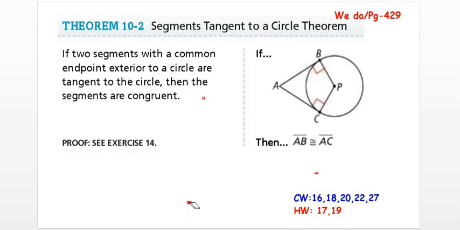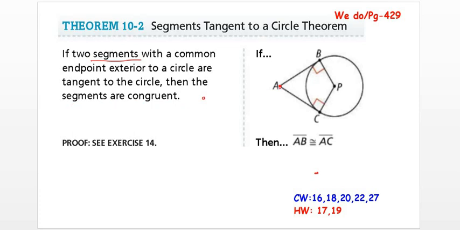What does it say? It says if two segments share a common endpoint exterior to a circle, as I was saying, the point is outside the circle. So if you draw two segments from this point to the circle, so that these segments are tangents to the circle, then the segments are congruent.